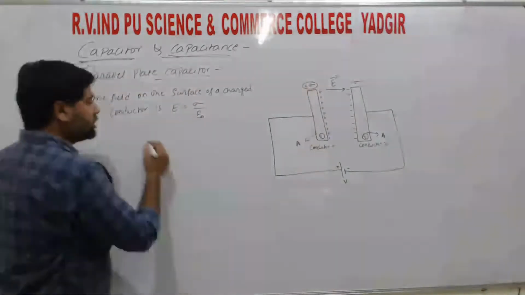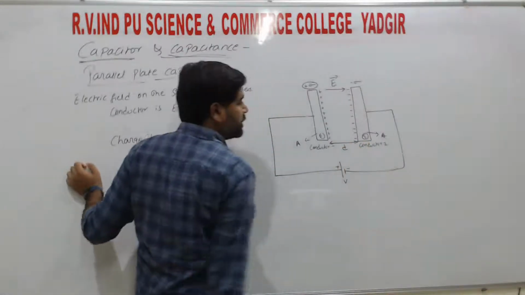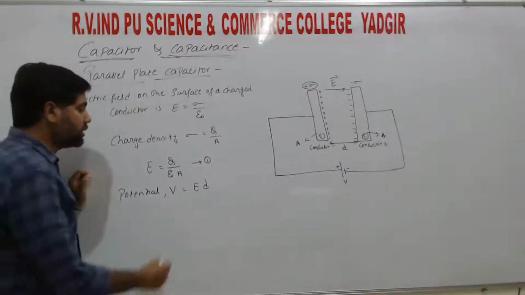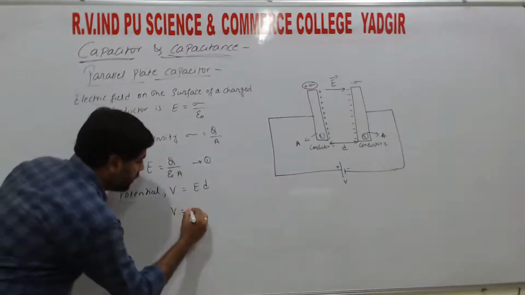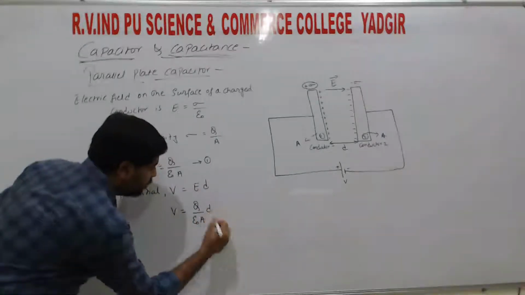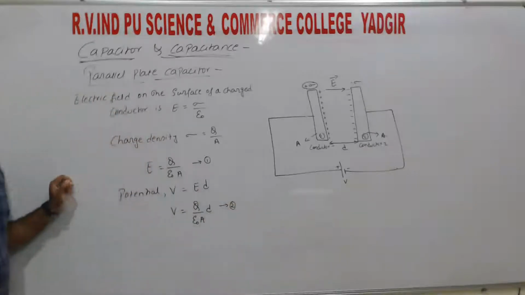V is the potential difference, and d is the distance between the two plates. Now substitute V equals E d, that is Q d divided by epsilon naught A, calling this equation 2.